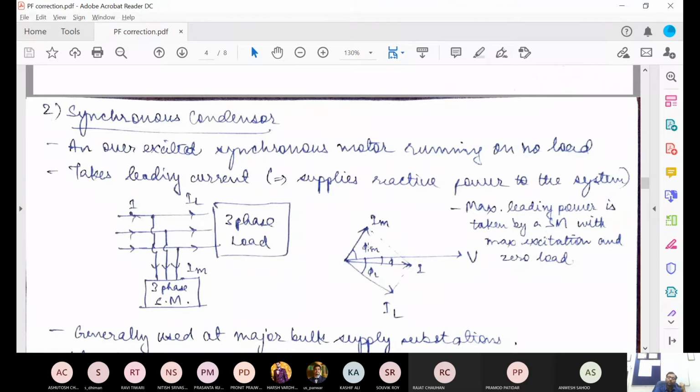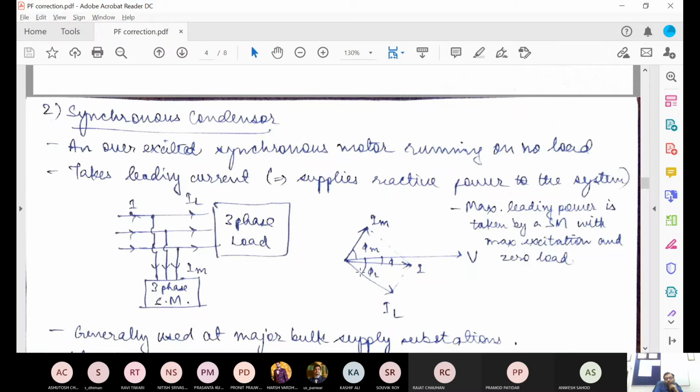Depending upon that, there will be some leading current. Conceptually it is the same, and the net current I drawn from the source will again be the phasor summation of IM, the motor current, and IL, the load current.